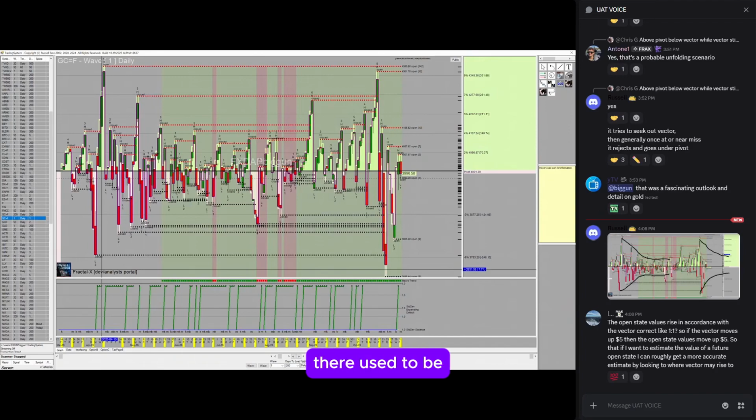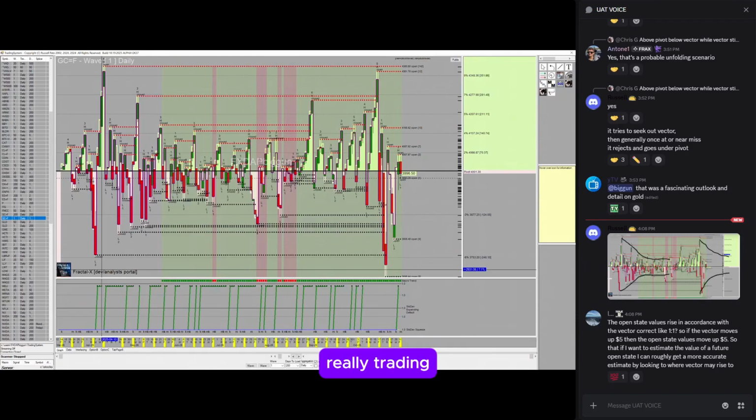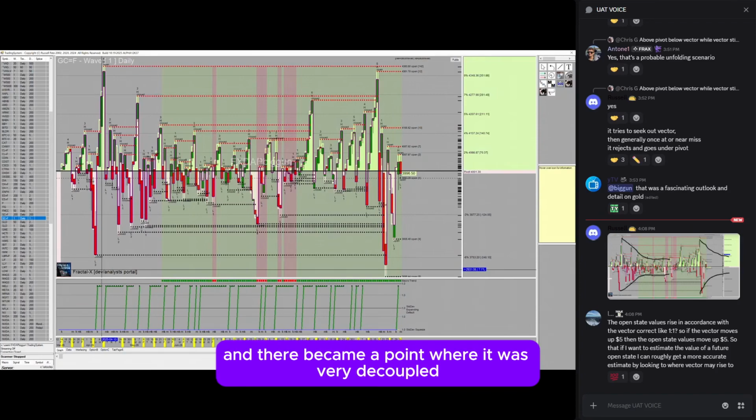Back when I started trading metals, probably about '87, when I first started really trading silver and gold futures, there was this unwritten law that gold and silver would trade at multiples to each other. There became a point where they were very decoupled.